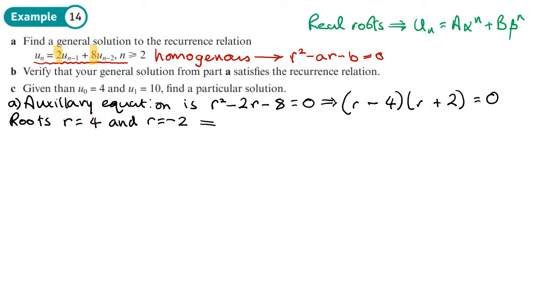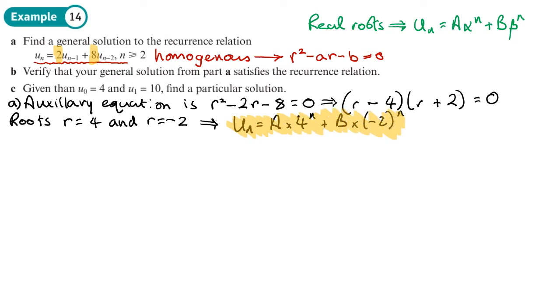So we can go straight and write our general solution as u_n equals a, our arbitrary constant, times 4 to the power n, plus b, our second arbitrary constant, times the second root, which is negative 2 to the power n. So there's our answer for part A. This is the general solution.